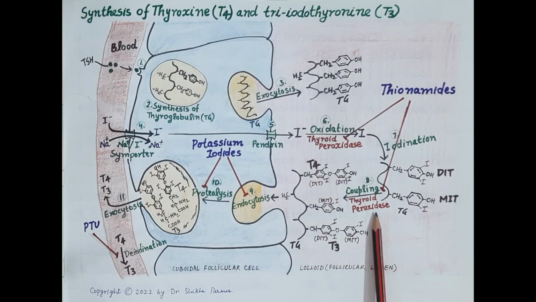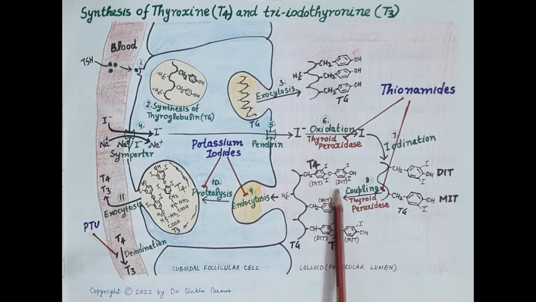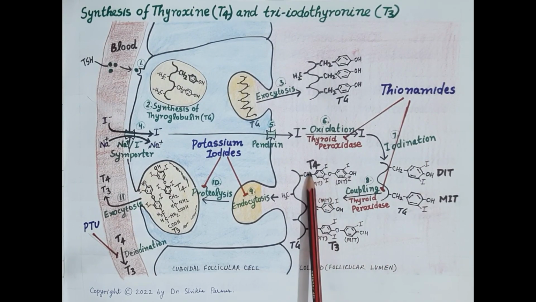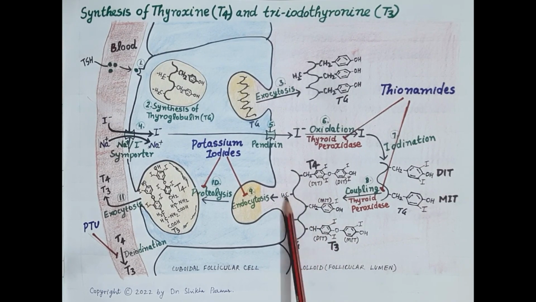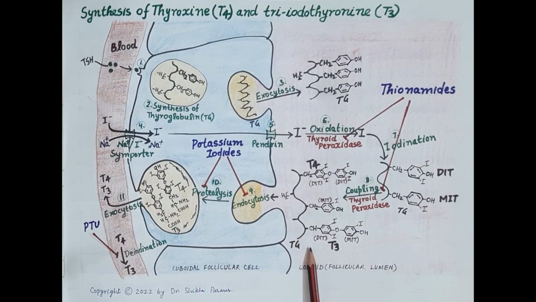Now in the process of coupling, two diiodotyrosine couple to form T4 while one diiodotyrosine and one monoiodotyrosine couple to form T3. So T3 and T4 are formed or synthesized on the thyroglobulin.